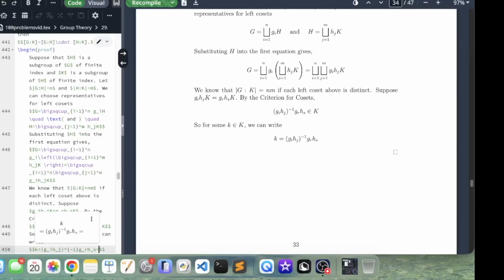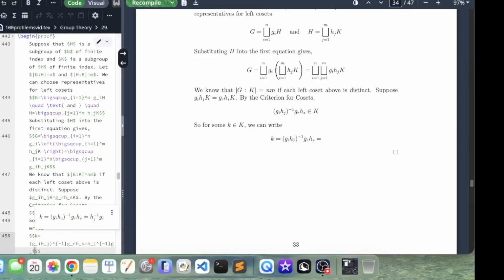Well, we can first do out the inverse. We would get h_j inverse g_i inverse times g_r h_s, and I'm going to use the imply symbol here. Okay, we have k equaling this guy.